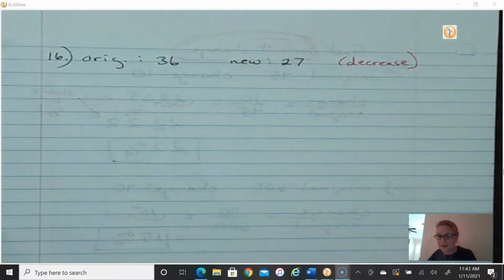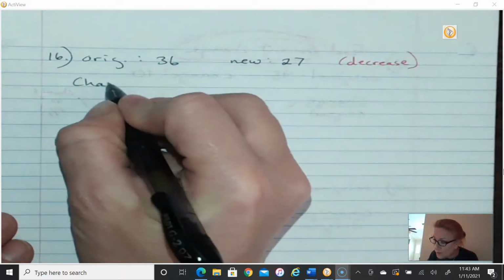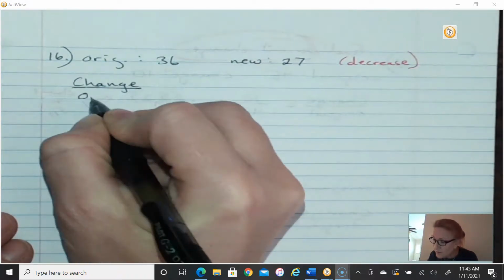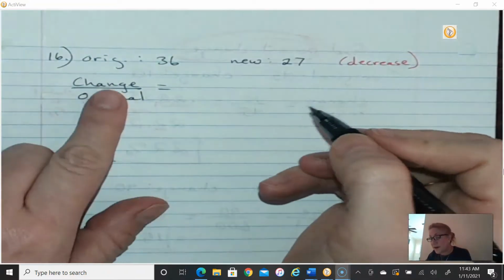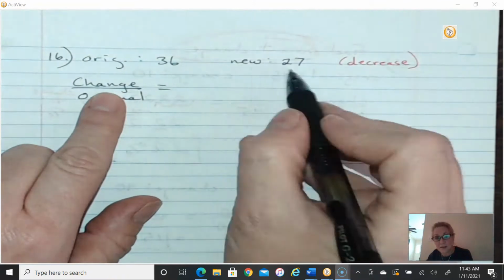Don't worry about subtracting from 100% because that's only when you're finding the new amount. What we're doing here is just finding percent change, which is what I prefer y'all doing anyway. So the formula is change over original. Remember, we got to find the change. What's the difference between these?